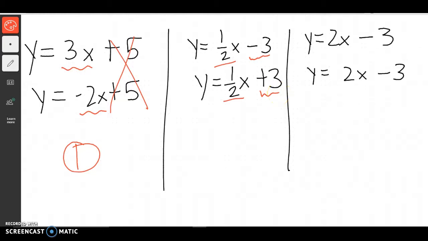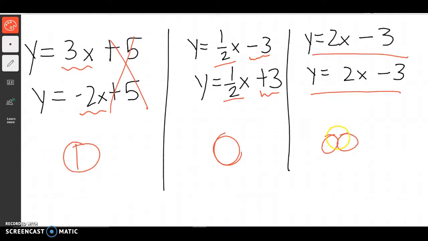Since these y-intercepts are different, this would have zero solutions, because they would never intersect. They're parallel. This line and this line are exactly the same line, so they would have infinitely many solutions. Okay. So that's how I tell how many solutions the lines have.